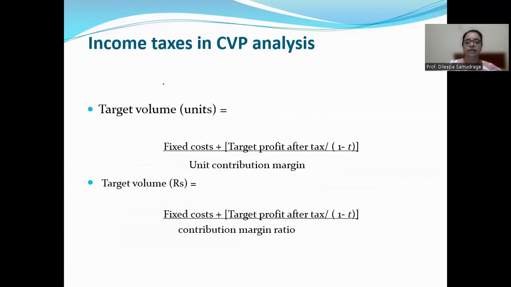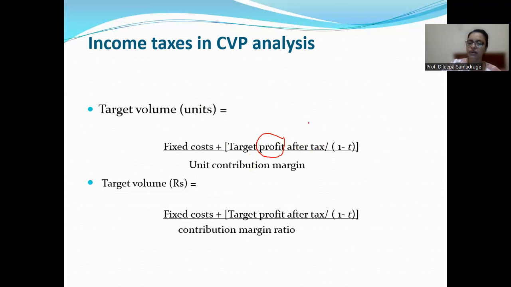Yes, madam. Okay. Then the next point, income taxes in CVP analysis. So, income tax impacts on profit, right? So therefore, the same equation, fixed cost plus target profit divided by contribution. Earlier we used this same equation, but now you have to apply the tax rate.